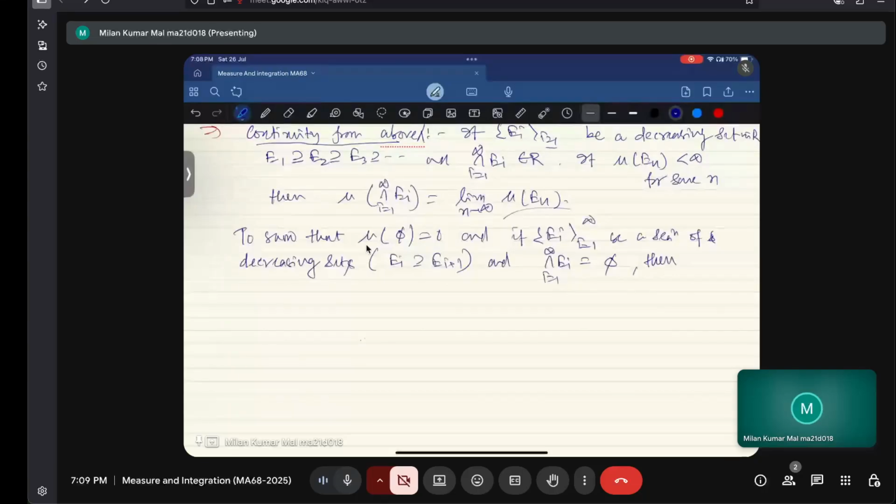Again, I'm making the same mistake. So, countable additivity.